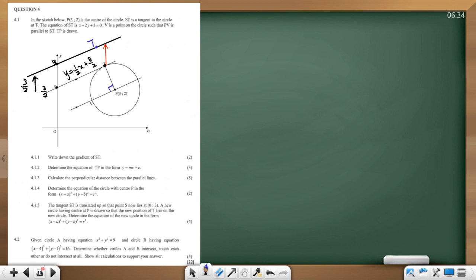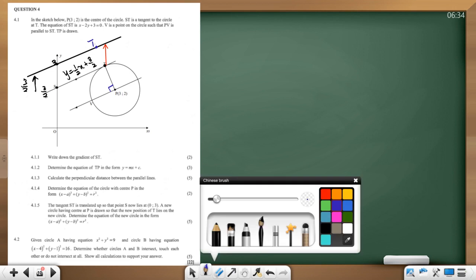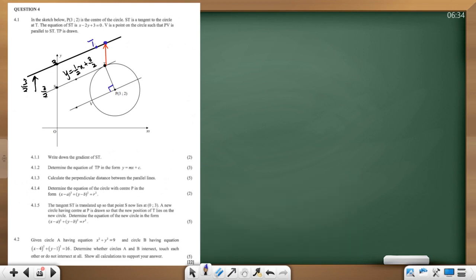All right, the new position of T lies on the new circle. Now, if that line is not a tangent, then T only moves vertically upwards by 3 over 2 units. So the new coordinate here will be what? 13 over 5. We still maintain our x. And then we have 14 over 5 plus 3 over 2.